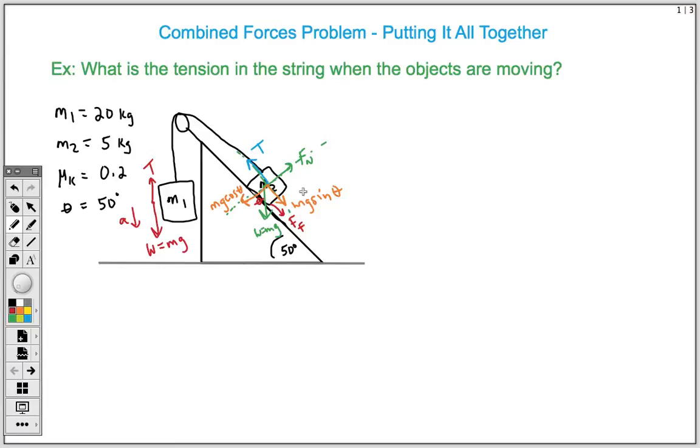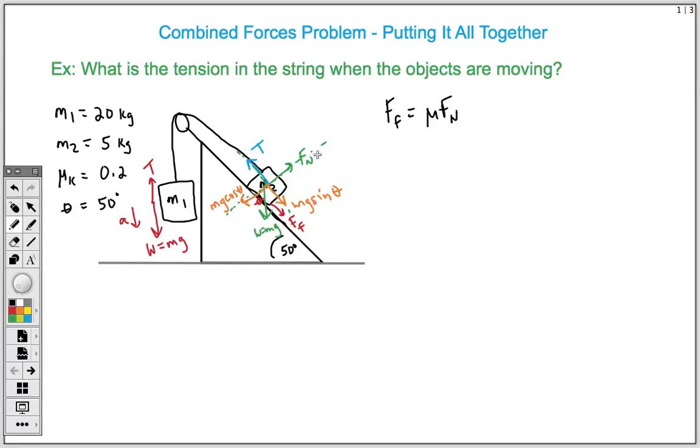Alright, so those are the free body diagrams. While we're here, because we have a frictional force, we have an equation for our frictional force, which is mu Fn. Our normal force vector is equal and opposite to mg cosine theta.